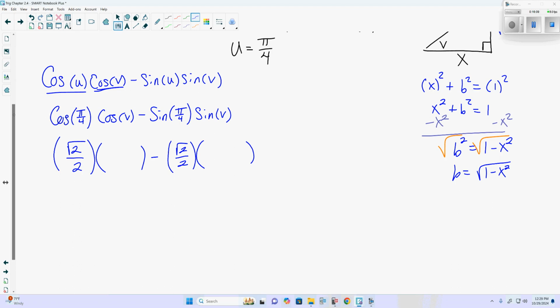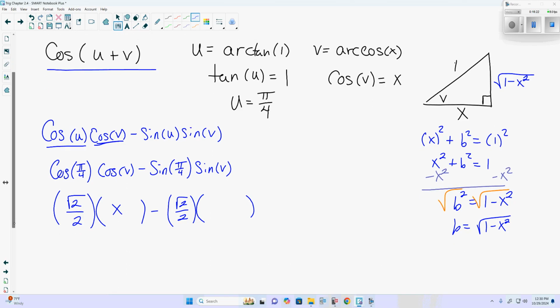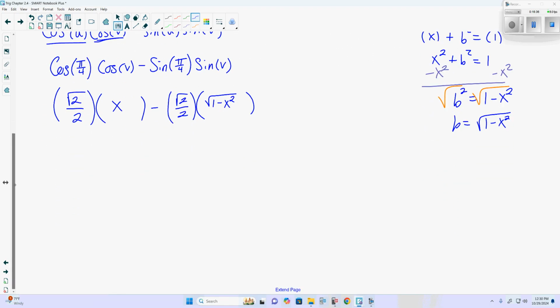Well, cosine of v is just x, because one, they told us cosine of v is x. And we could also find it in the triangle, adjacent over the hypotenuse. x over 1 would be x. Sine of v, opposite over the hypotenuse. Well, the opposite side is the square root of 1 minus x squared. The hypotenuse is 1.